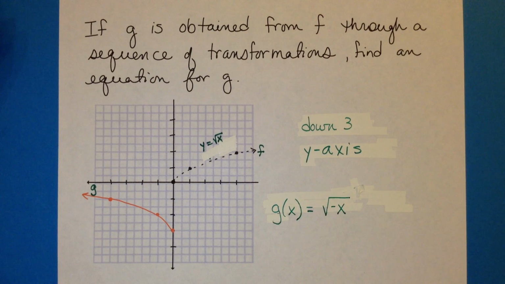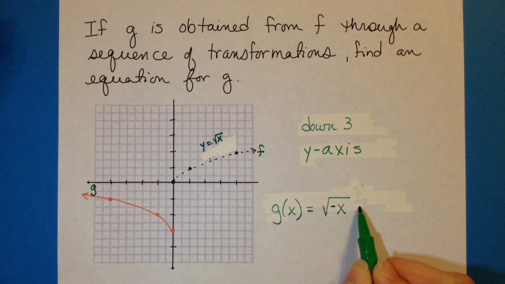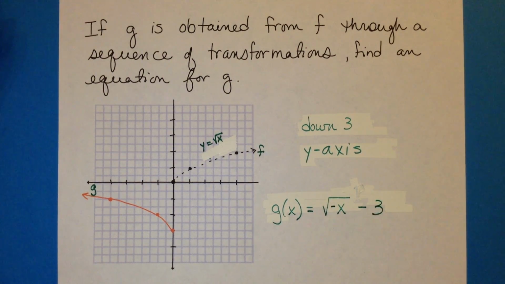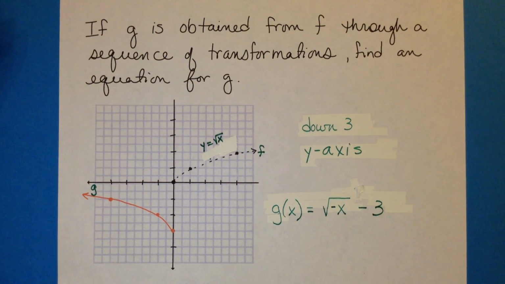So in that case that would have to be underneath your square root symbol in order to be considered in your function. And then the down 3, anytime you have a shift up or down, if you remember that comes after the function at the very end. So down would indicate that you would need to subtract 3. So you wouldn't put it underneath, because if you put it underneath then that's the left or right, so you would need to put it at the end.